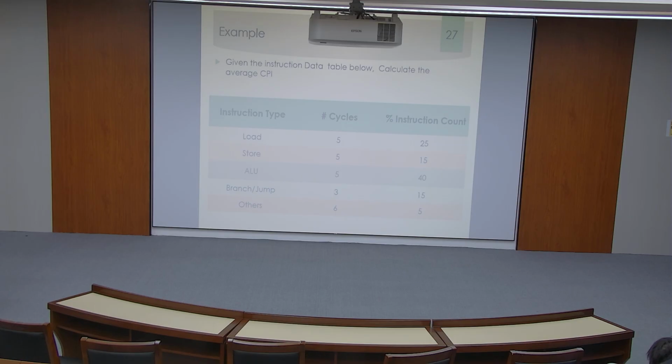plus the store instruction, number of clock cycles is 5, and percentage of instruction count is 15, plus for arithmetic logic instructions, the instruction count is 40 and we have five clock cycles, plus the number of clock cycles for branches is 3, and the instruction count is 15.